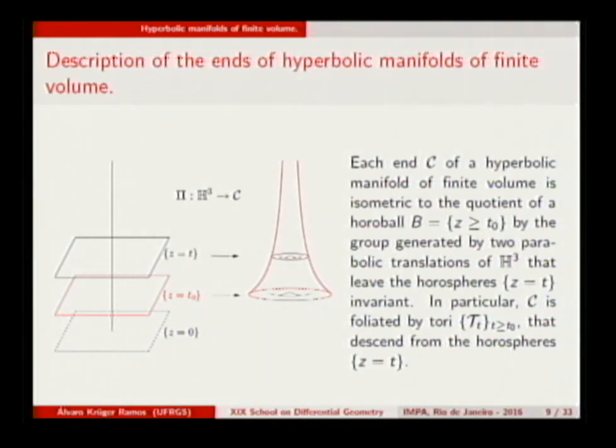For every parallel plane you get 2 translations that leave it invariant, one in this direction and the other in the other direction. You quotient this horoball by these 2 translations, and you generate many tori that go to this end and foliate this end. So each one of these ends is isometric to this quotient of a horoball by 2 parabolic translations.